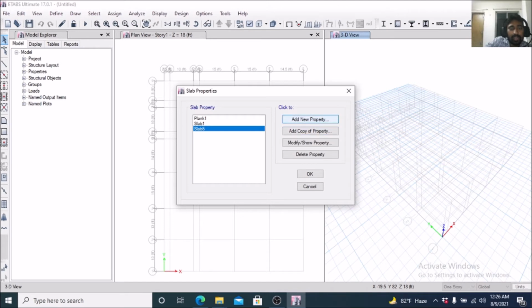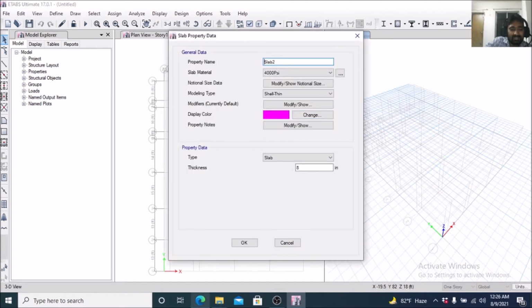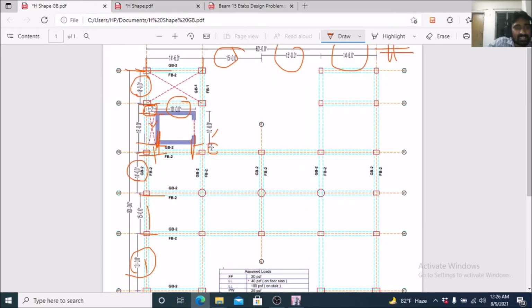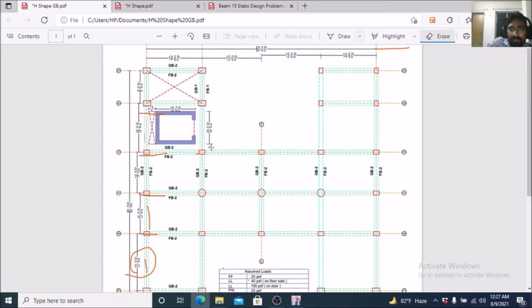Again we have to add new properties for the stair slab. If we consider this stair slab, here is our slab.